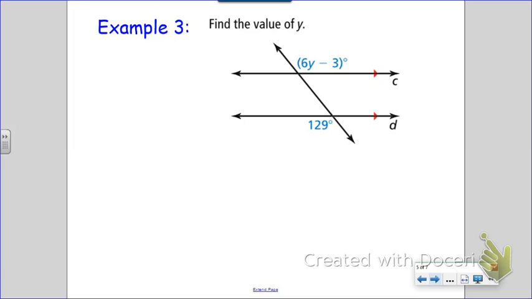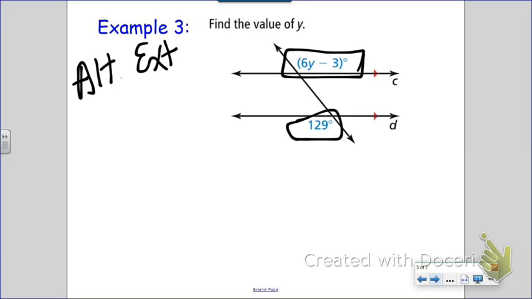In our next example, we're finding the value of y this time. So same idea. We're going to identify angle pairs that we're familiar with in the problem. These two angles are already an angle pair we can identify. If not, look for vertical angles or linear pairs with the angle. These are alternate exterior angles.